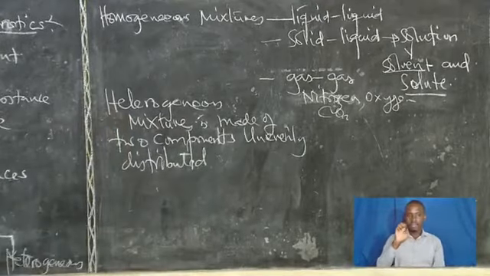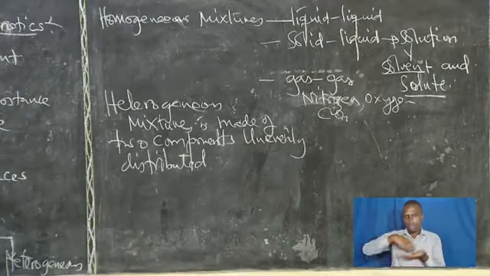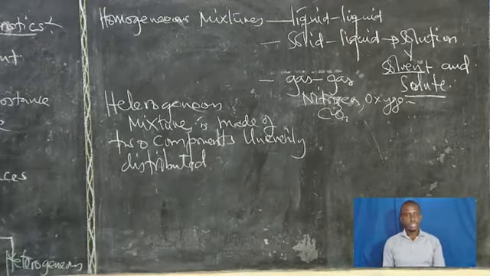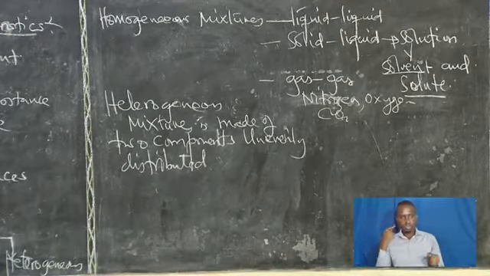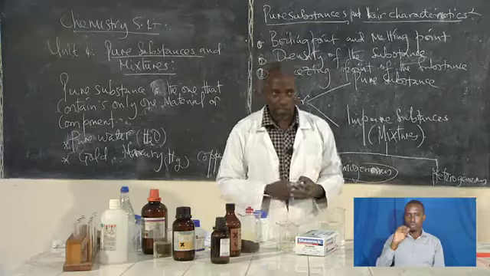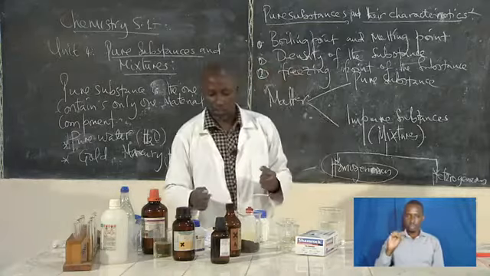So these components are not evenly distributed. So it is the opposite of the homogeneous mixtures. Now let's look at the examples. Let's have some of the examples.